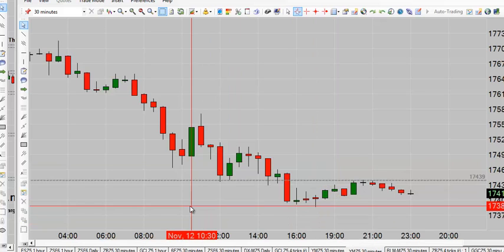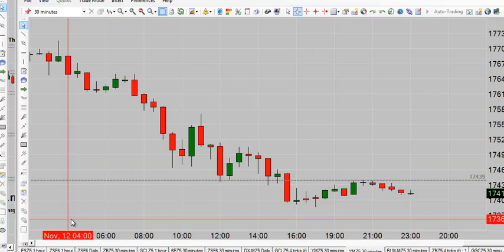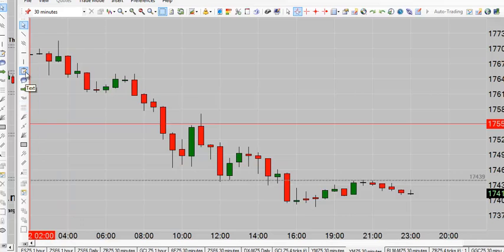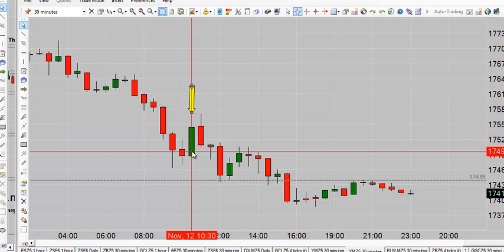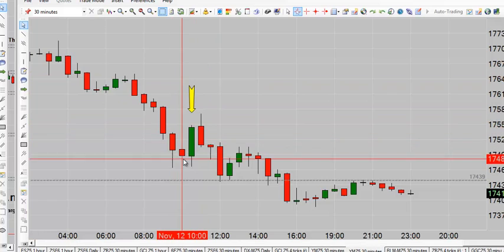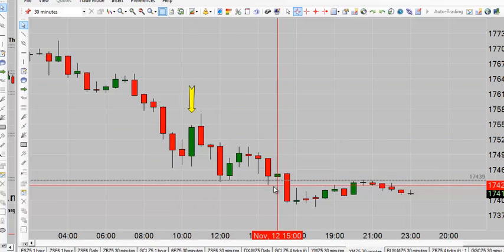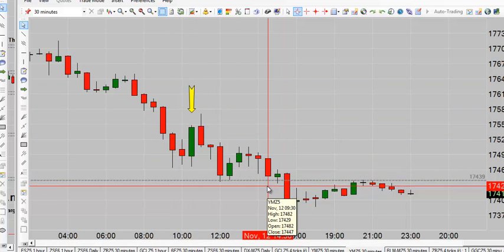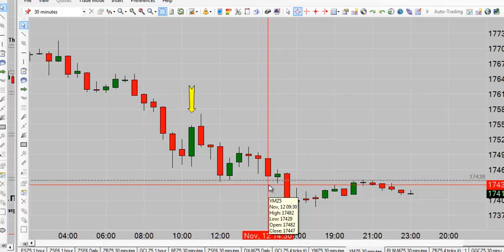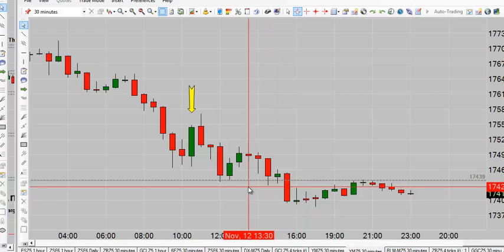Okay. Now, where's the 10:30 candle? It's the 10:30 candle. Okay. Trigger. Here we drop down to 29. So that's a 10 tick drop.